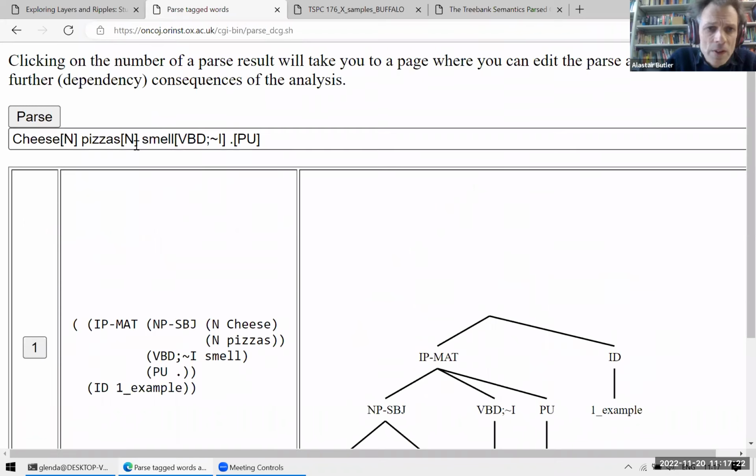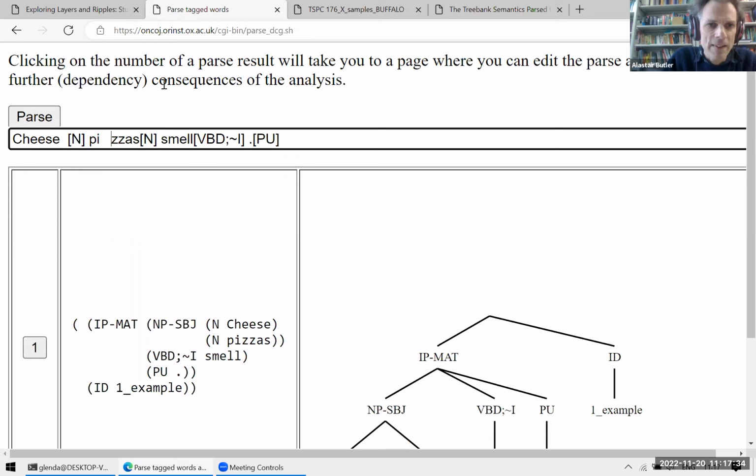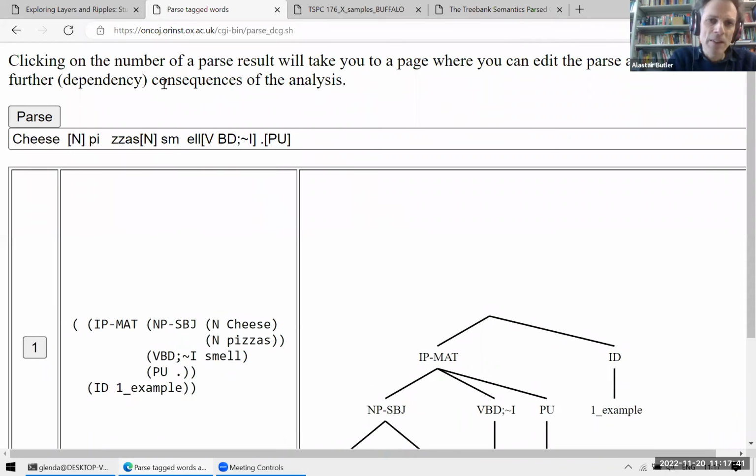Incidentally, one of the reasons why the input is like this is because initially, when I gave it to the students, they were putting spaces in really awkward places. One of the really nice benefits of using this format with the square brackets is that you get to know where the word class information ends, so no matter where you put the spacing, you always get a parse result.